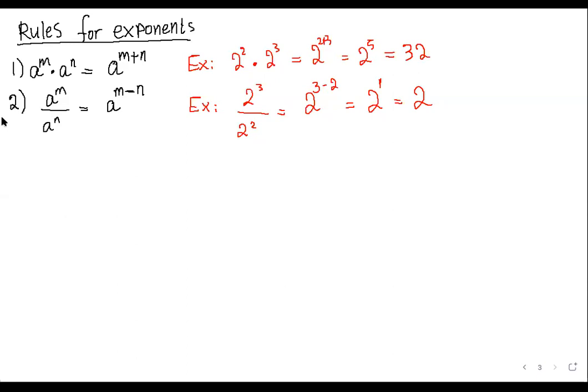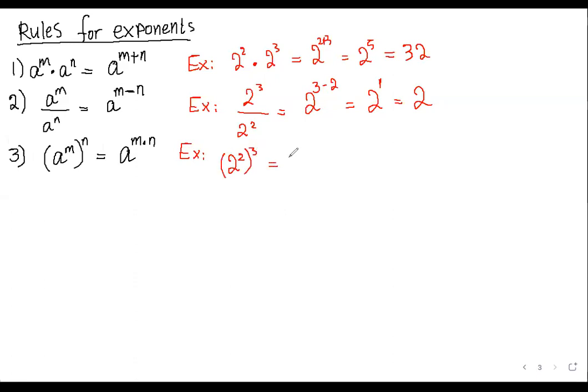Rule number 3. If I have a to the m, all of this to the n, we do multiplication for the exponents. It's equal to a to the m times n. Example. 2 to the power 2, all of this to the power 3.